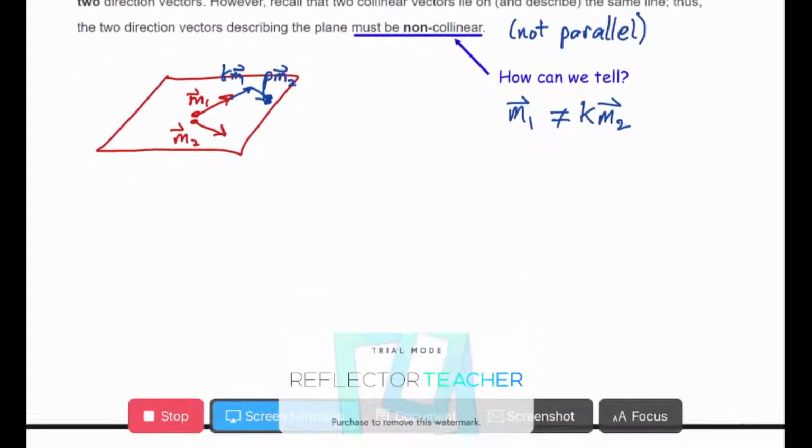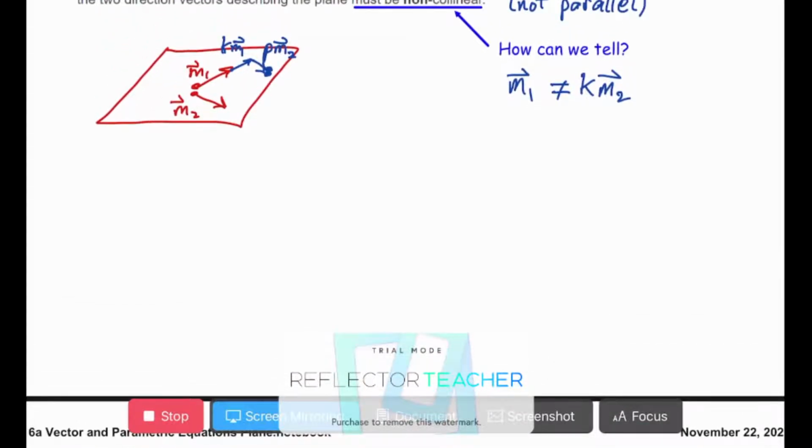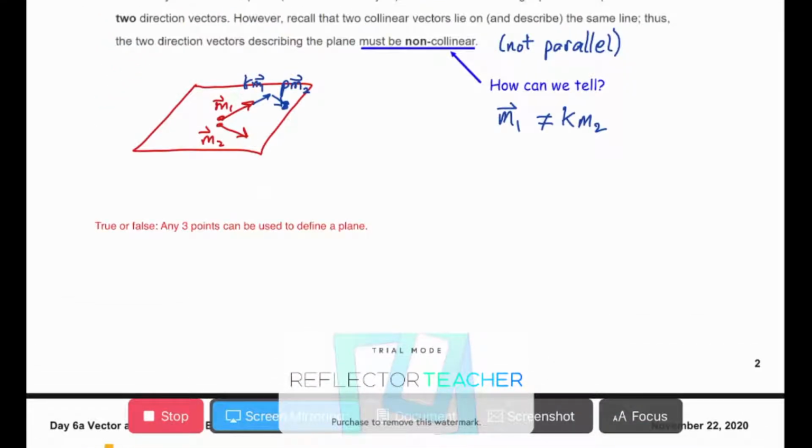Next, we have a question to consider to help our understanding, and it's not in this copy of the notes, so I'll just type it in real quick. And the question we want to ask ourselves to help our understanding of planes is, true or false, any 3 points can be used to define a plane? Well, in order to prove something, we need to prove it in general terms, or we can find a single counterexample.